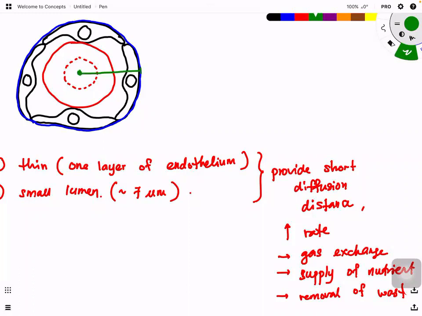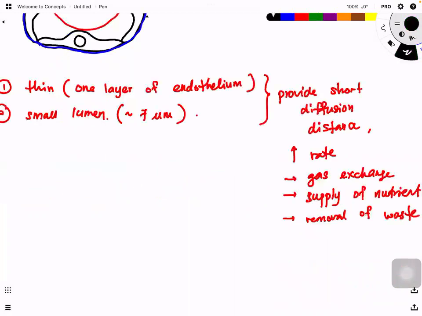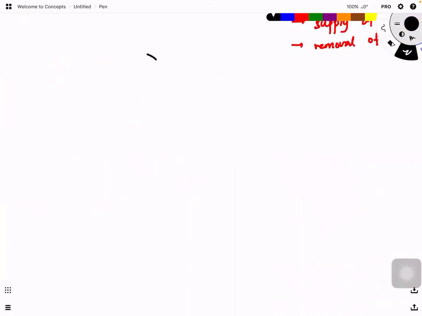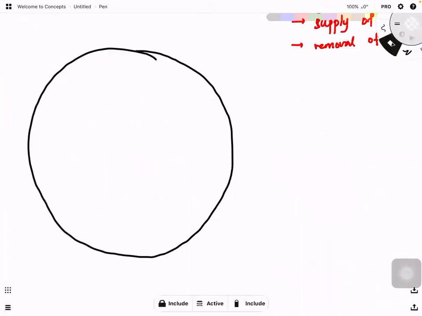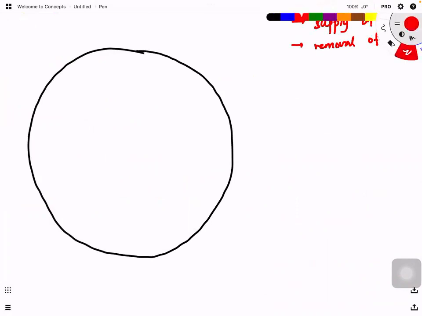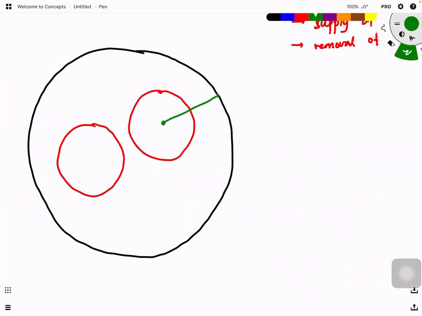But let's say you have a very large lumen, try to imagine a very large lumen of a capillary. So a red blood cell is something like this. From the center of the red blood cell to the capillary wall, there will be a huge, long diffusion distance now.